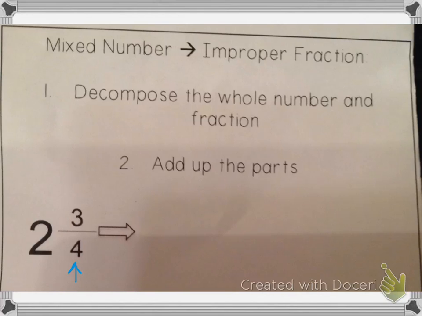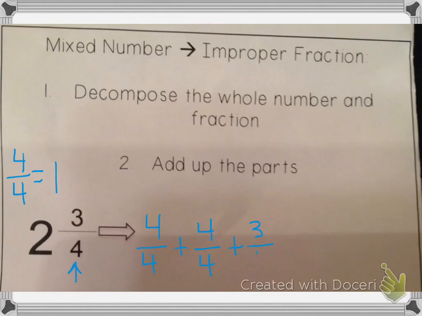So we can think about how many fourths does it take to make one whole. I know that when my numerator and denominator are the same, it equals one whole. So if I have 4/4, that's 1. I need to get to 2. So I'm going to add another 4/4. That gives me 2.